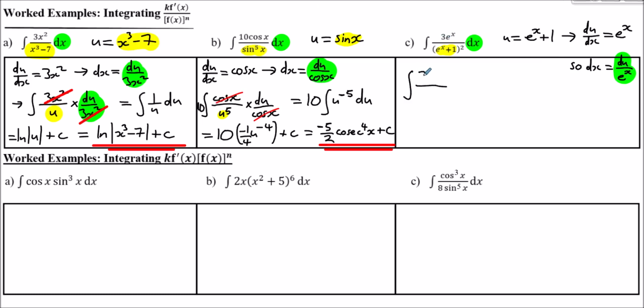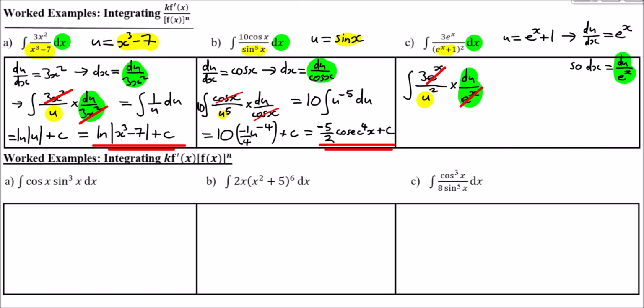3 to the x, leave as is. This is u squared, so that becomes u squared like so. And then dx is now replaceable by du over e to the x. Again, you'll see some lovely, satisfying cancellations, or maybe just me being weird. e to the x there cancels with e to the x there.